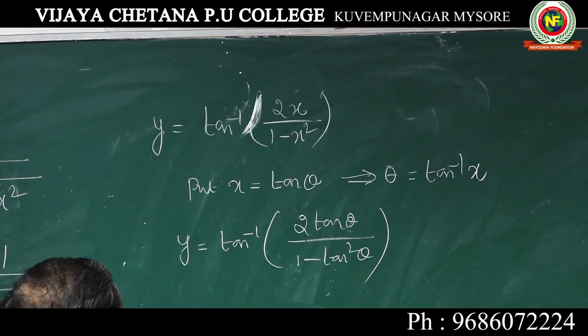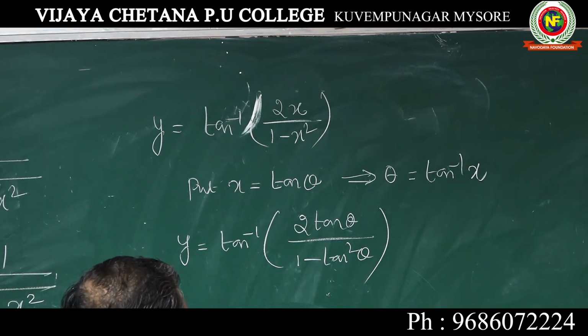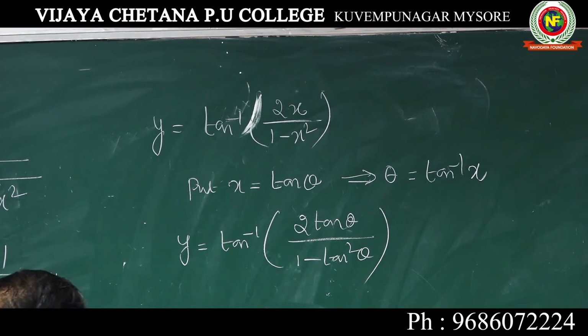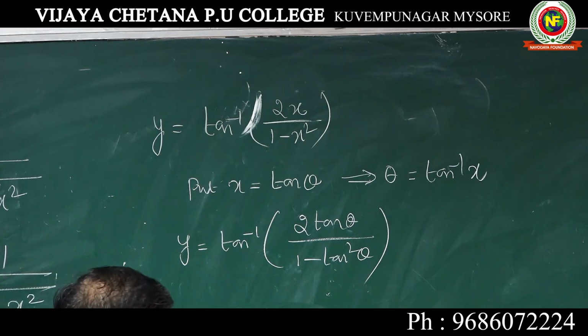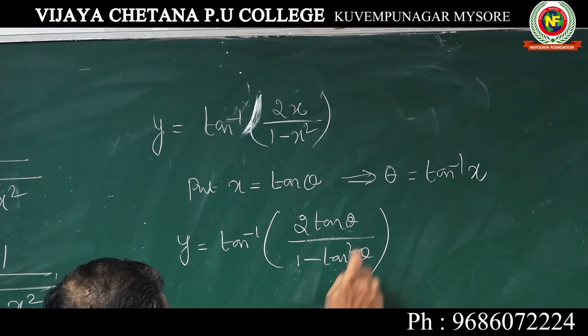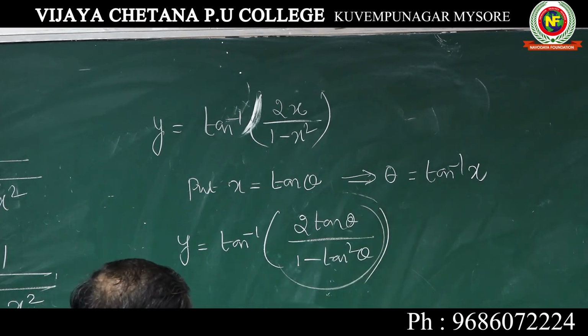You know the formula: tan 2 theta is nothing but 2 tan theta by 1 minus tan square theta. So y is equal to tan inverse of tan 2 theta.